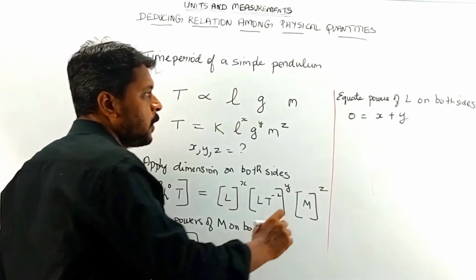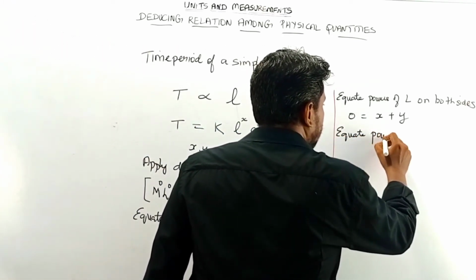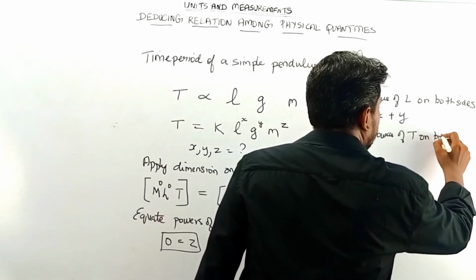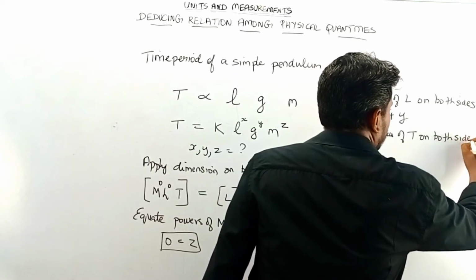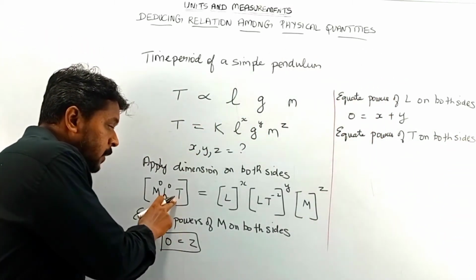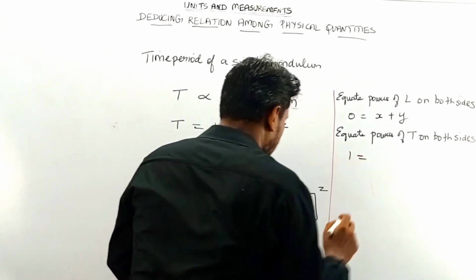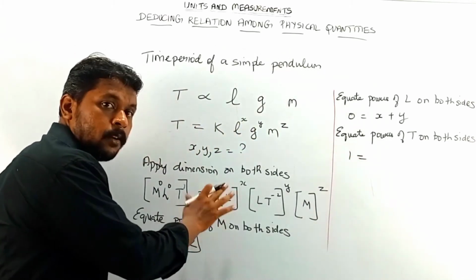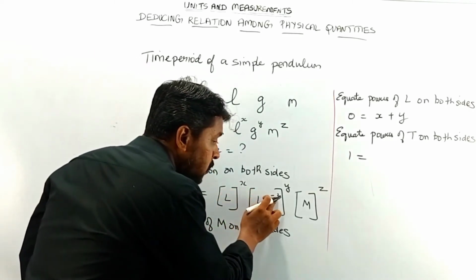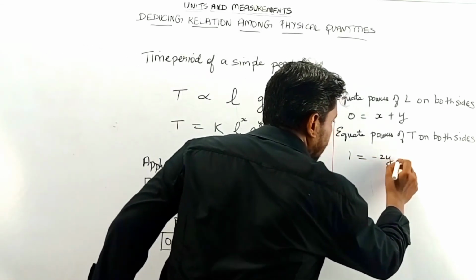The remaining one is to equate the powers of T on both sides. What is the power of T on the LHS? It is 1. So 1 is equal to, do I have T here? No. I have T only here. What is the power of T here? Minus 2 and y, so it is minus 2y.